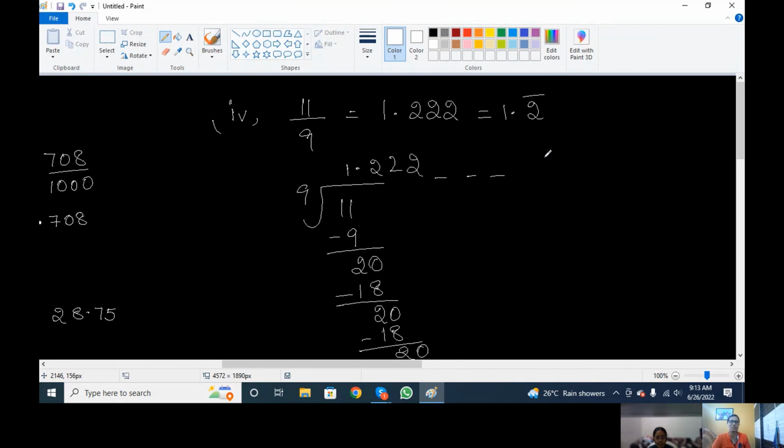Once you are habituated, it won't take time. So it keeps on coming means non-terminating. Non-terminating means no end. We just need to follow the meaning. And here it is a recurring decimal. One decimal number keeps on repeating, so it's a recurring decimal.